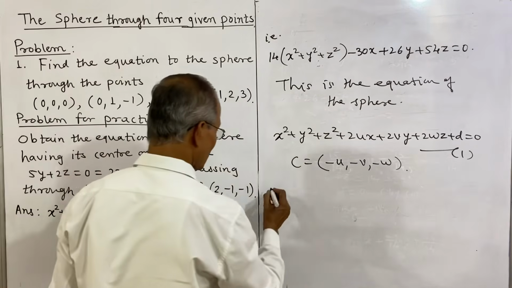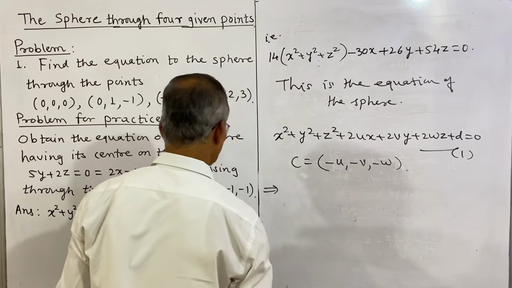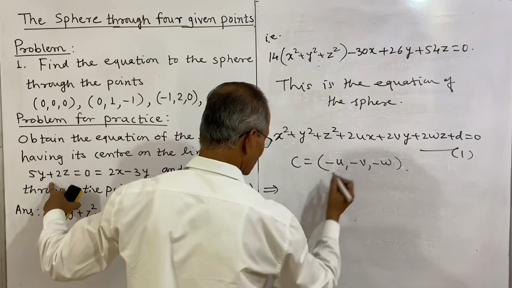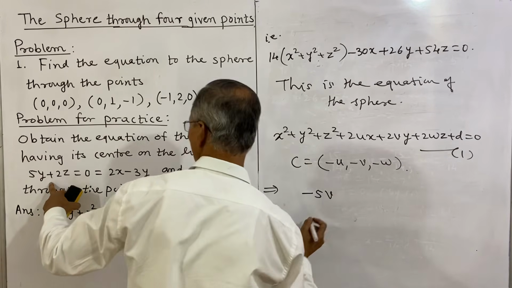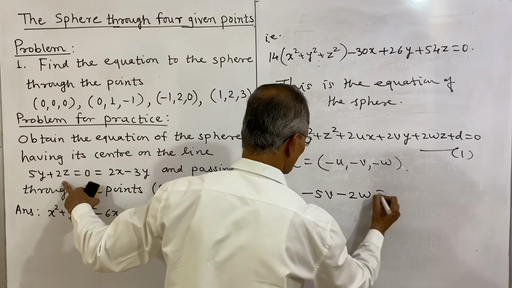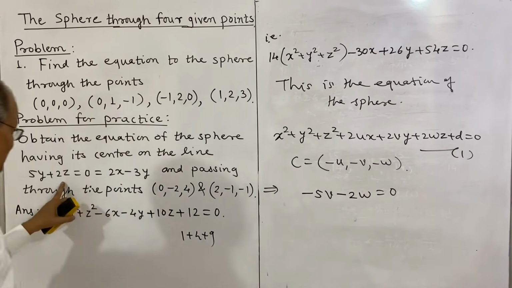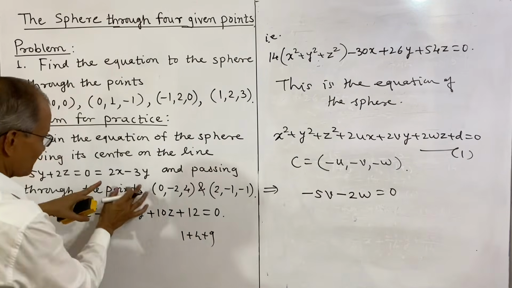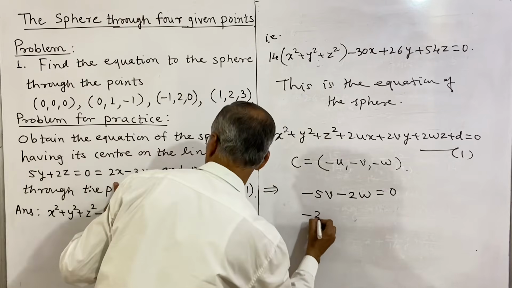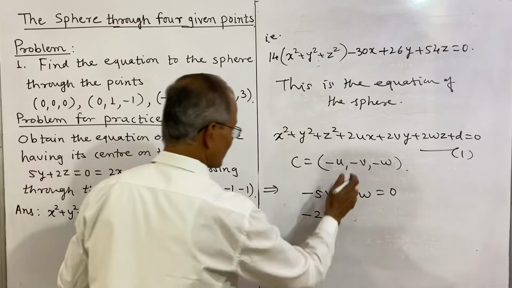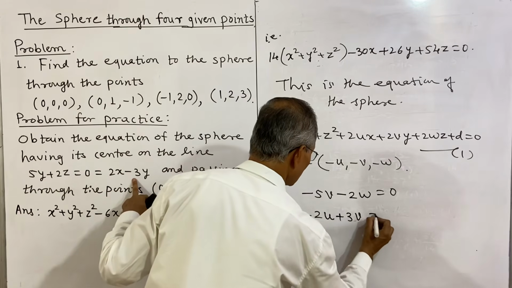So C lies on the line, which implies minus 5v minus 2w is equal to 0. That will be one relation. And second, again the center lies on this line, that means minus 2u minus 3 into minus v, that is plus 3v is equal to 0.